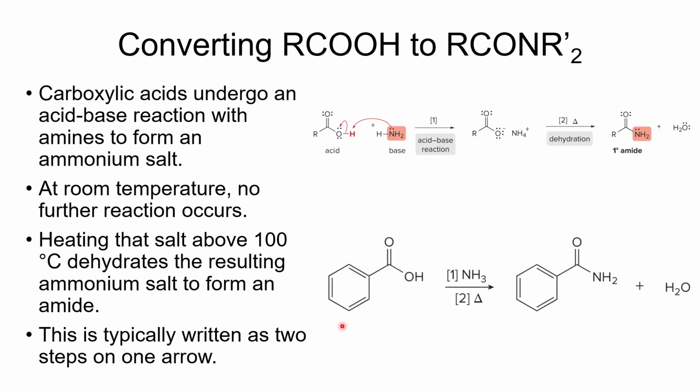And here, this is an example. Here we've got benzoic acid with just plain ammonia. We put them together and we're going to get ammonium benzoate. But once we heat it up, that ammonium benzoate will do a reaction where we will get benzamide plus H2O. You can do it with this particular carboxylic acid and this amine.